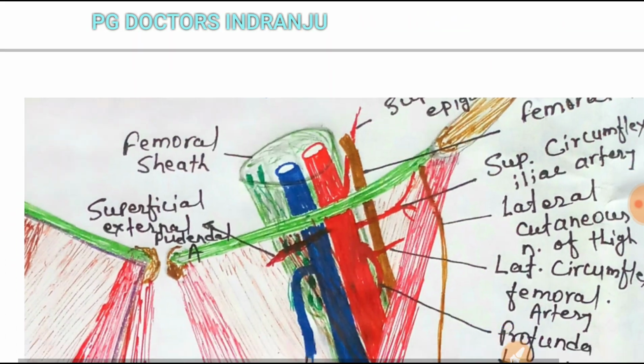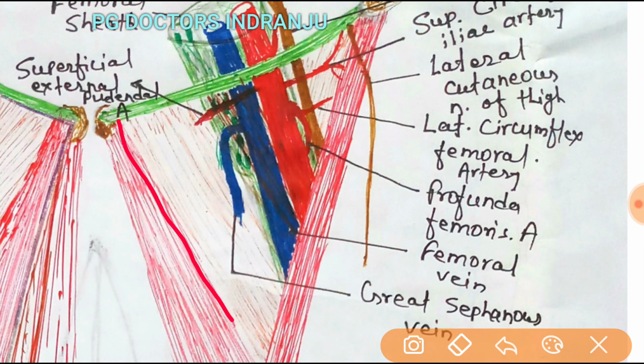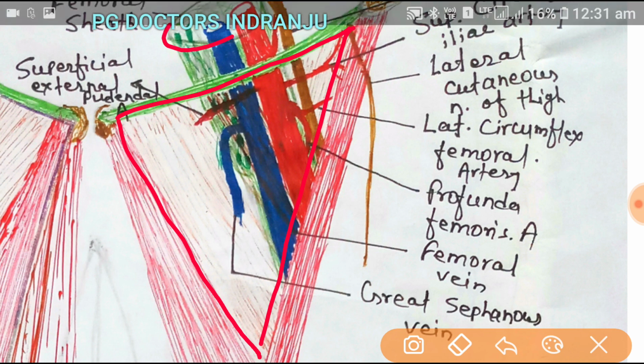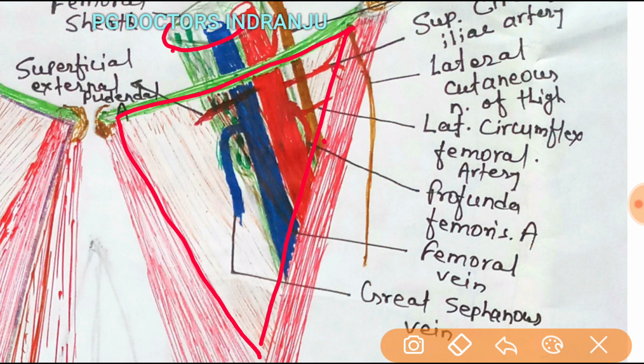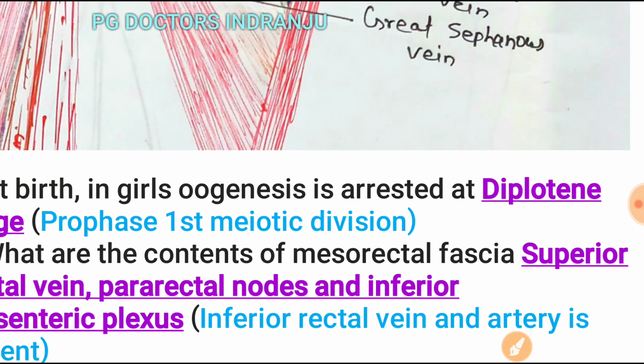This is the femoral triangle, and in the medial-most part is the femoral sheath, and in the medial-most part of it are the lymphatics of the femoral triangle.